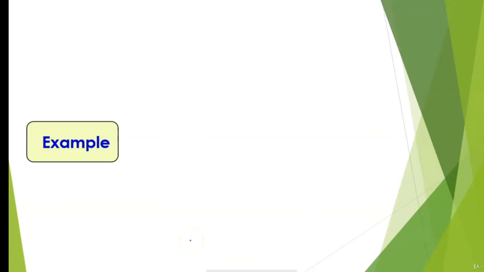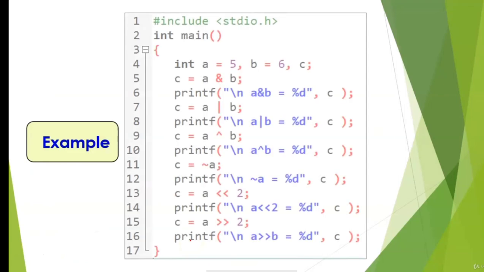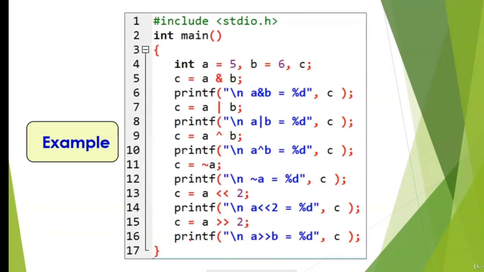Let's have a simple example of bitwise operators. On line number 4, I have declared 3 variables A, B, C. The value of A is initialized to 5 and the value of B is initialized to 6. On line number 6, I am applying bitwise AND on the variables A and B, and storing the result in C. On line number 7, I am applying bitwise OR.